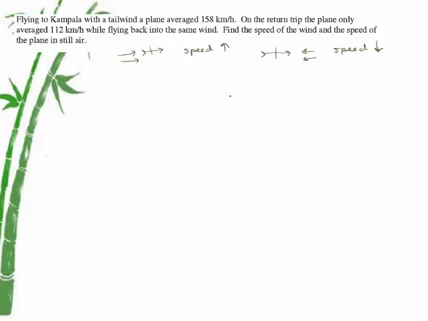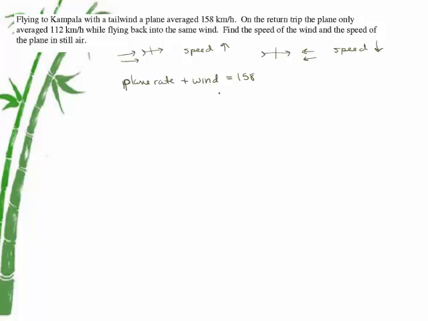Okay, so what we have is the speed of the plane is averaging 158 kilometers per hour with a tailwind. So this is the plane rate plus the wind will give us 158 kilometers per hour.